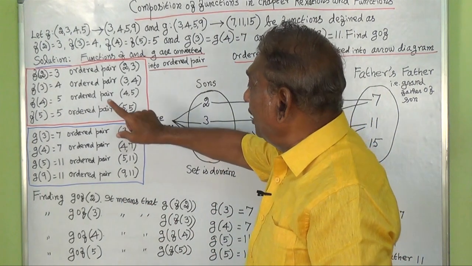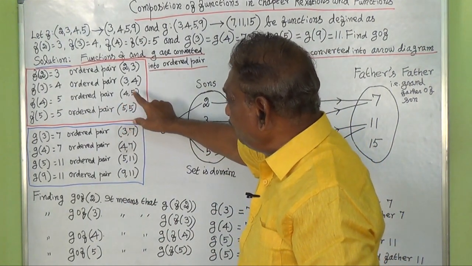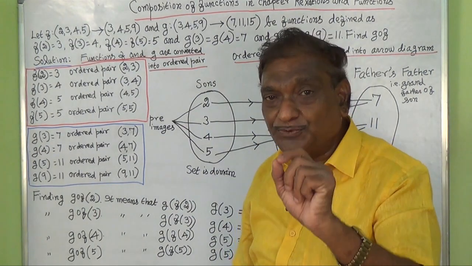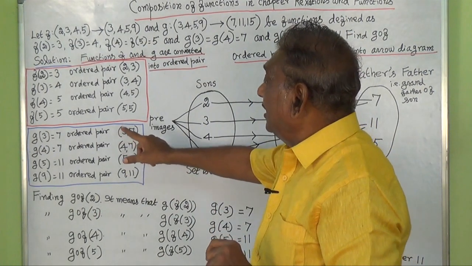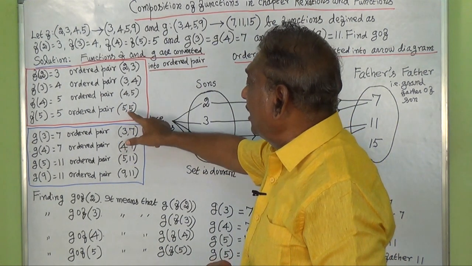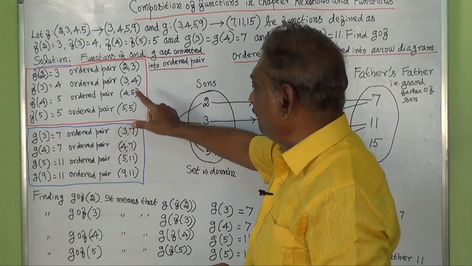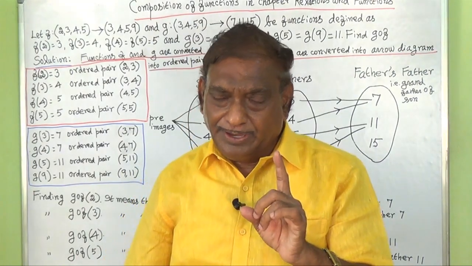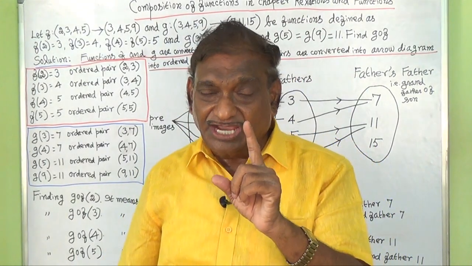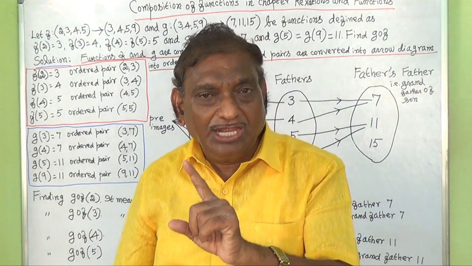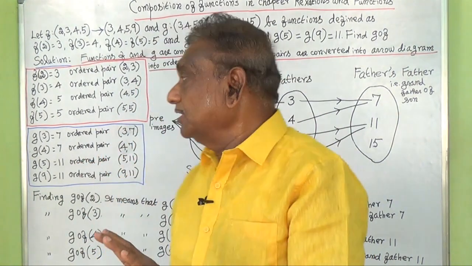Likewise, in the ordered pair (4, 5), the son 4 is having the father 5. And in the ordered pair (5, 5), the son 5 is having the father 5. If the relation is expressed visually, it is called an arrow diagram.